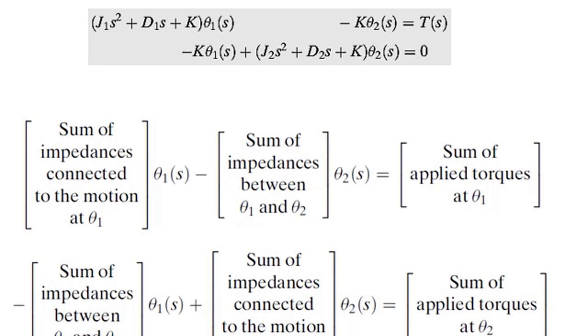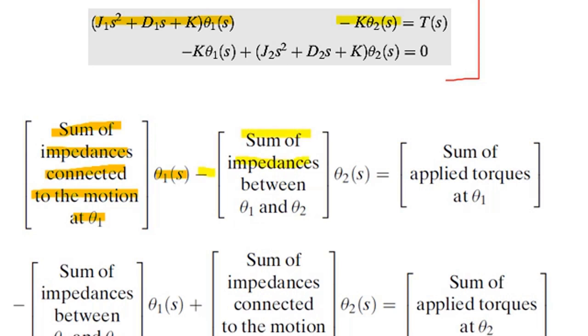Students, now we will study inspection method to find system of equations for a system with degree of freedom equals to 2. From the last example studied in previous lecture, we have two equations for a system with degree of freedom equals to 2. If we look at the equation, all the impedances which were directly connected to the motion of theta 1 make the first part of equation, which is sum of impedances connected to the motion of theta 1 multiplied by theta 1 of s.